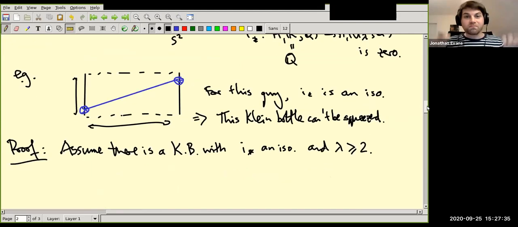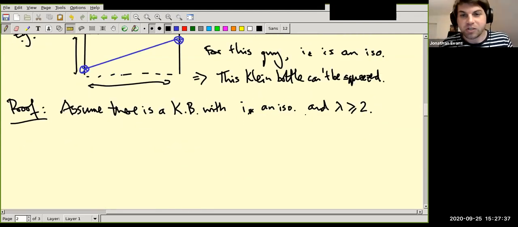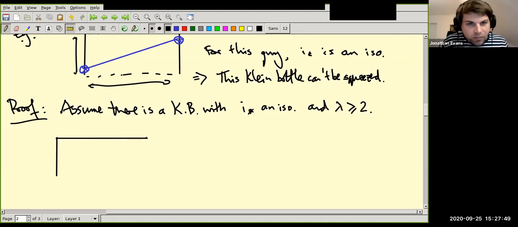Okay, so let's assume there's a Klein bottle such that this map is an isomorphism, and the width is sufficiently large that it shouldn't be there. What I'm going to do is stick those two spheres back in again. So how do I do that? I've got my Klein bottle in the complement of these two spheres in U lambda.